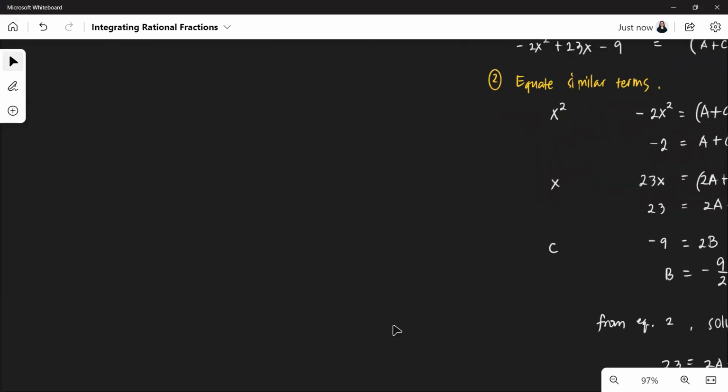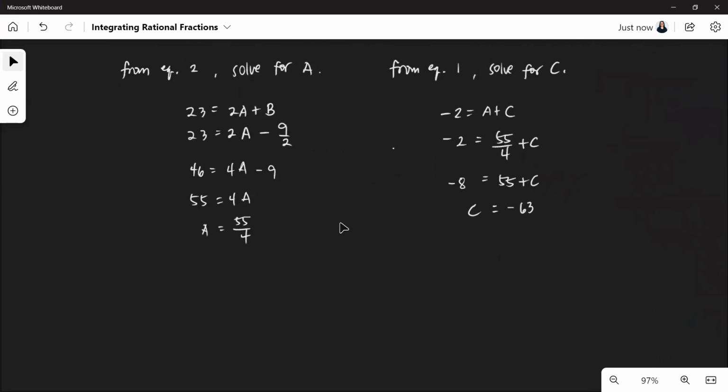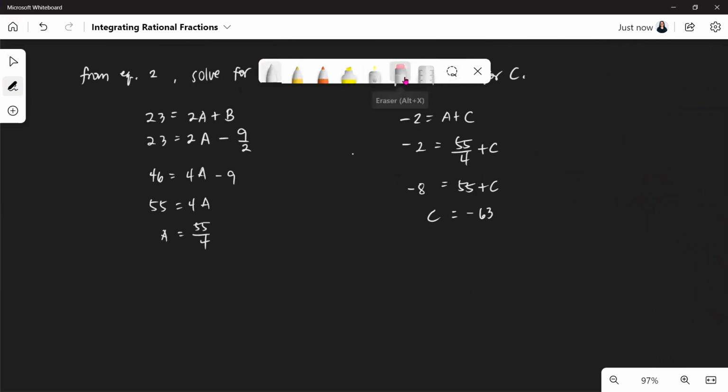Wait for a moment. It's not negative 63, sorry. Everything must be multiplied by 4, so the last term must be 4c and not c. So it's not negative 63; it must be a fraction.